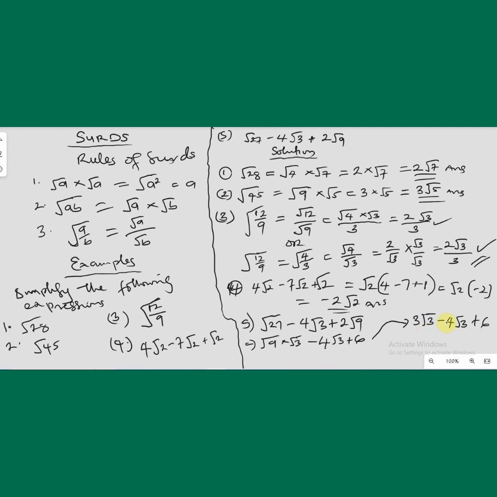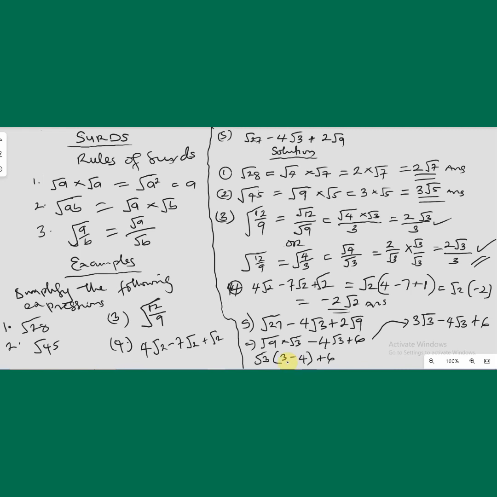Now, I need to factorize, because square root of 3 is here, square root of 3 is here, which means square root of 3 is a common factor between the two. So I'll bring out square root of 3, put brackets, then 3 will remain inside here, minus 4, then plus 6. Remember I'm factorizing these two expressions. The reason is because square root of 3 times 3 is going to give me 3 square root of 3, and square root of 3 times minus 4 is going to give me minus 4 square root of 3.